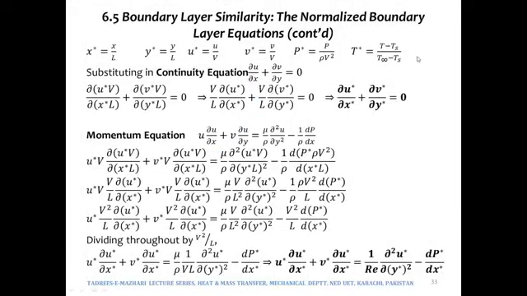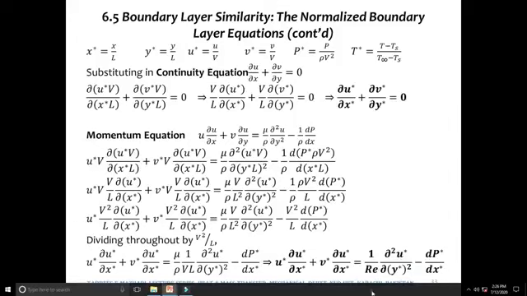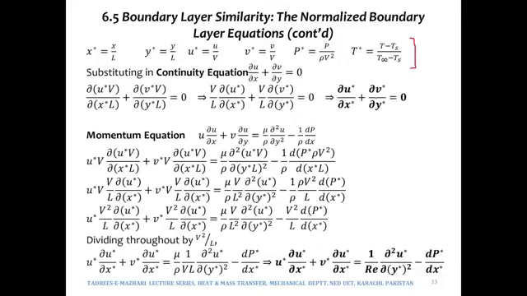Dou by dou x plus dou v by dou y is 0. Now if in this equation we put all those dimensionless parameters, so in place of u we will write u star times V, and in place of x we will write x star times L. Similarly dou v, so v would be v star times V, over dou y, and y is y star times L. So now V, since it is a constant quantity, it is u infinity in fact, would be taken out of the differential sign, and similarly L, which is the total length, which is constant, would be taken out of the differential sign as well.